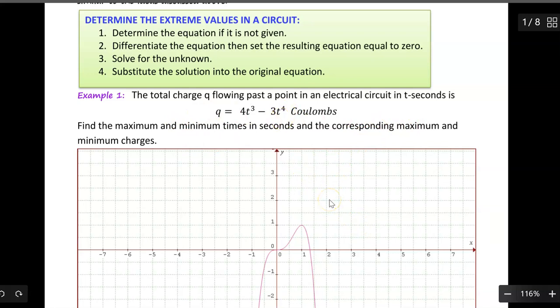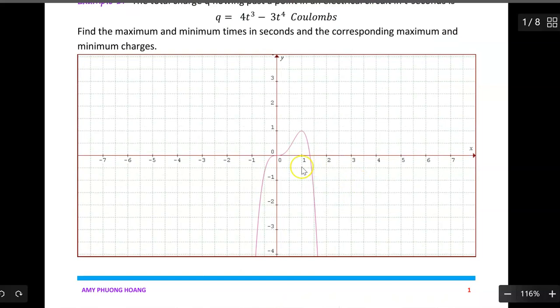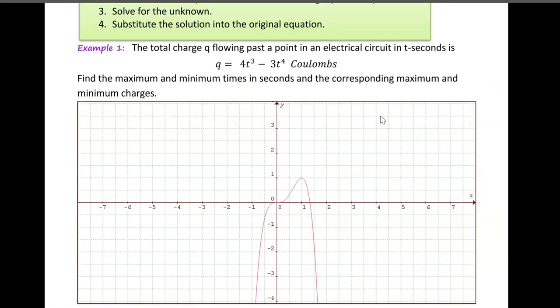And sometimes, because it is electrical electronics related, you can see right away it's a practical, real value. So you probably know right away whether your value is reaching a max or a minimum. Okay, so let's get started with this example.